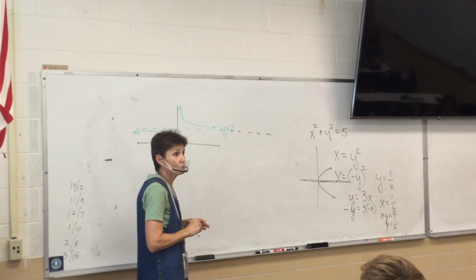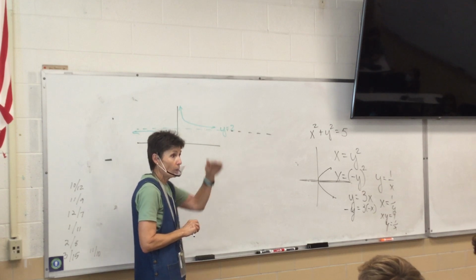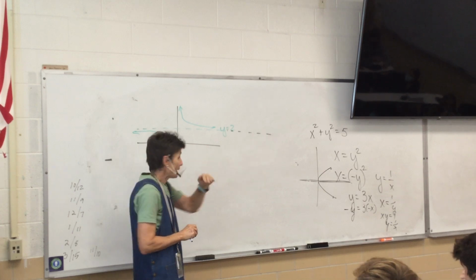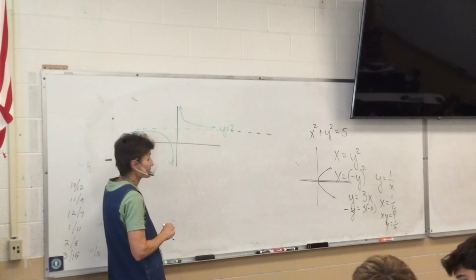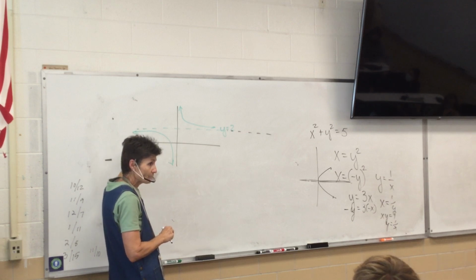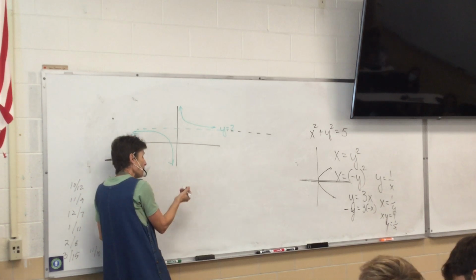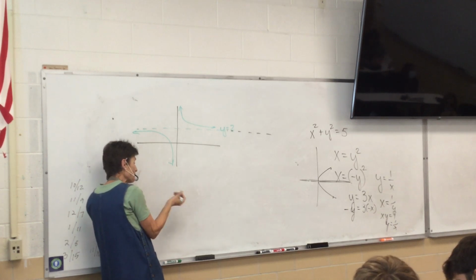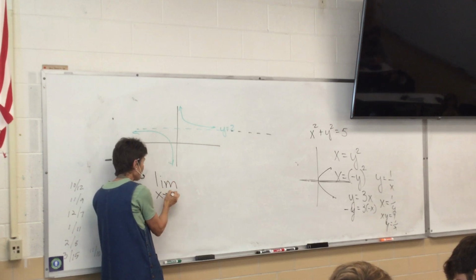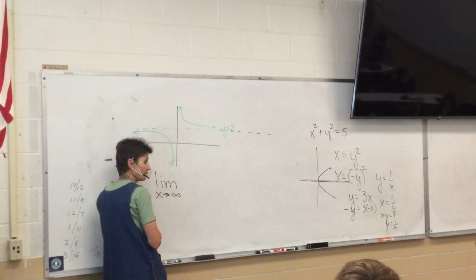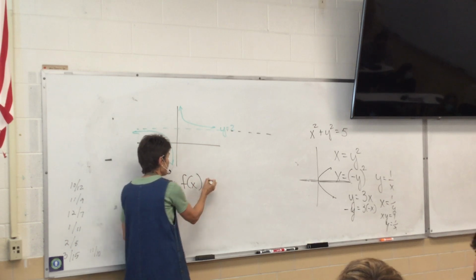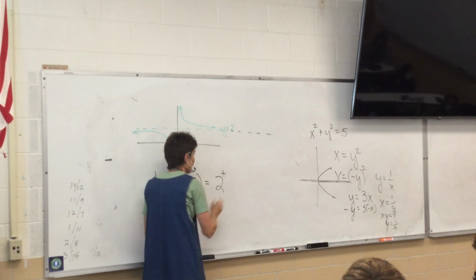Getting closer to 2 on the top of that 2. And here it's getting closer to the same 2, but it's coming in from the bottom. So how we describe that is with limit notation. The limit as x approaches infinity of your curve is 2 from the top.